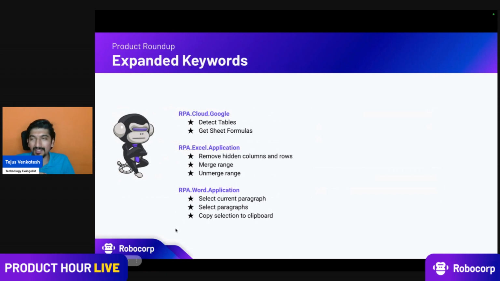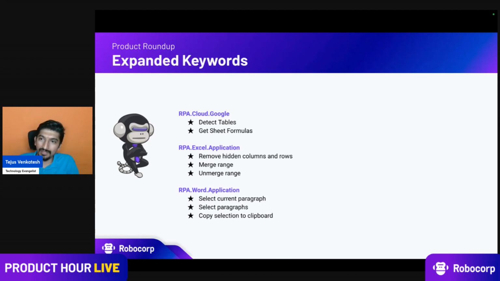The next one is on the set of expanded keywords. We haven't spoken about new core capabilities of automation, but we have kept improving that. For example, in Google Cloud, we have added a few keywords to detect tables if there is tabular data on your sheets, or even extract formulas. Excel applications have gotten a few more updates, which were actually coming from your own feedback.